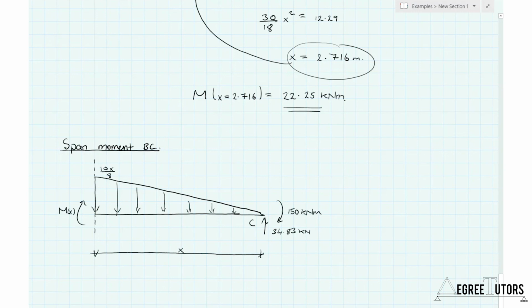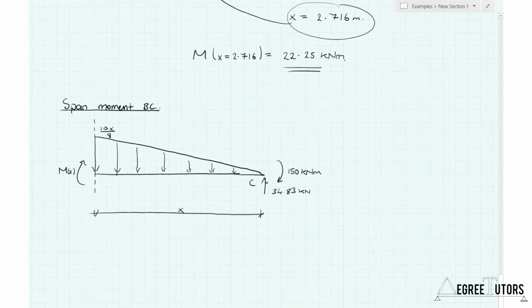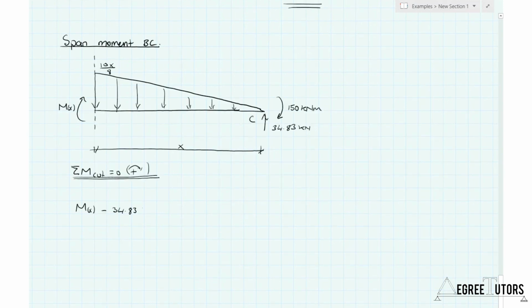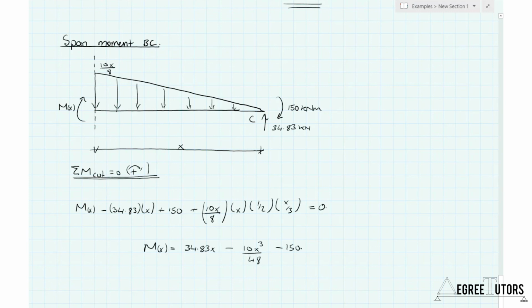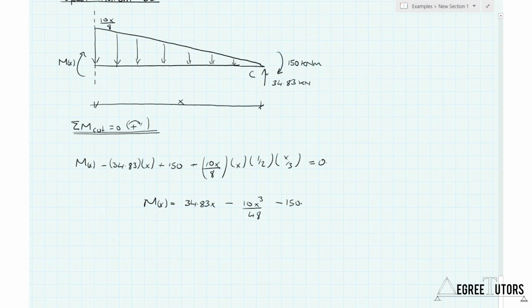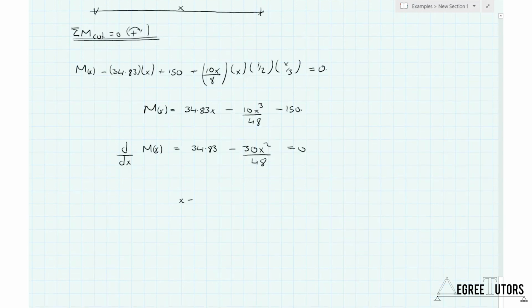This time I have made my cut at some distance x to the left of C. Taking the sum of the moments about the cut once again, differentiating and letting it equal 0, x would equal 7.465 meters to the left of joint C.